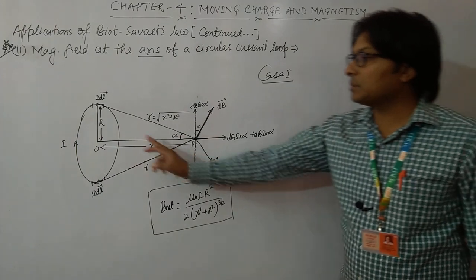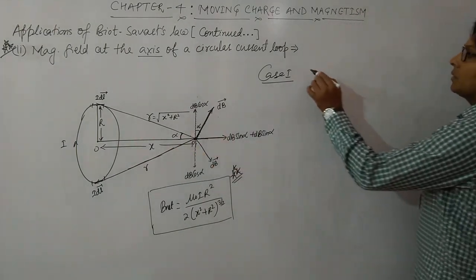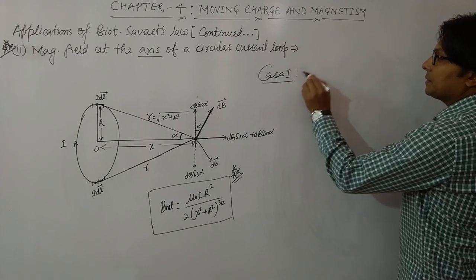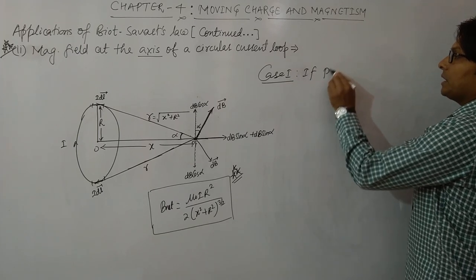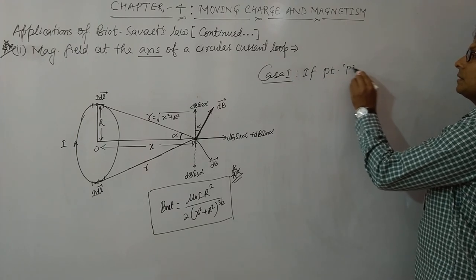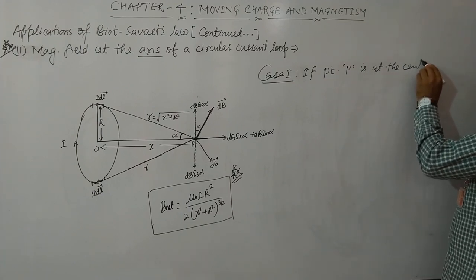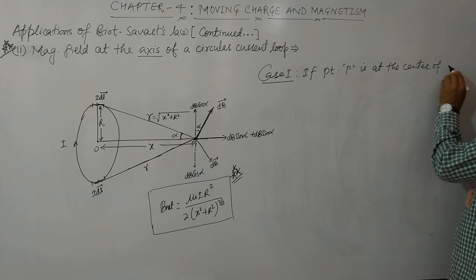So if x becomes 0, the very first case is if point P is at the center of the loop.